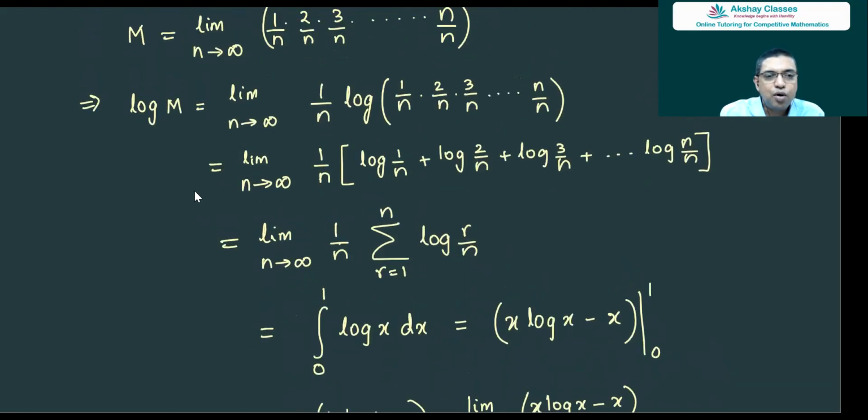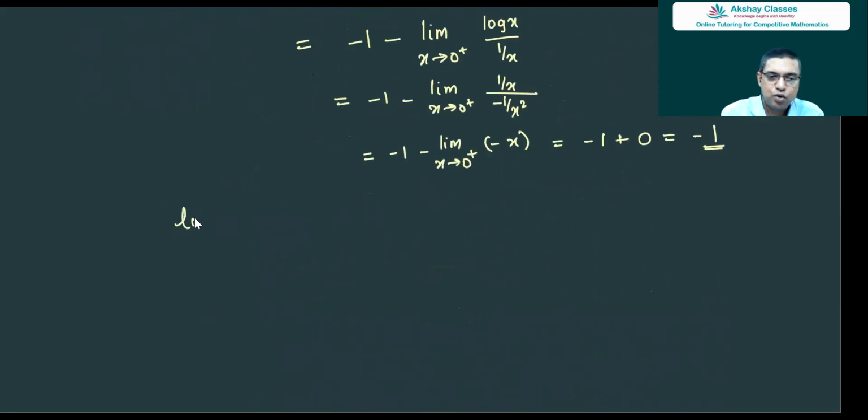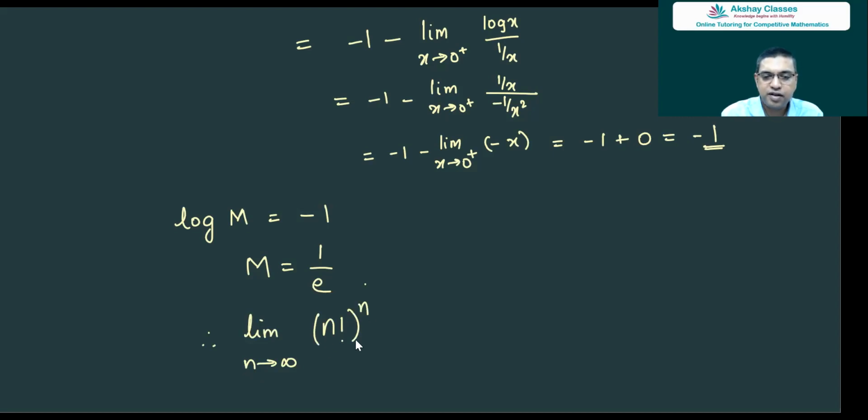So log m we have got as minus 1, log m to the base e as minus 1. So m is 1 upon e. Therefore, this limit as n tends to infinity of n factorial to the power 1 upon n, divided by n, is 1 upon e.